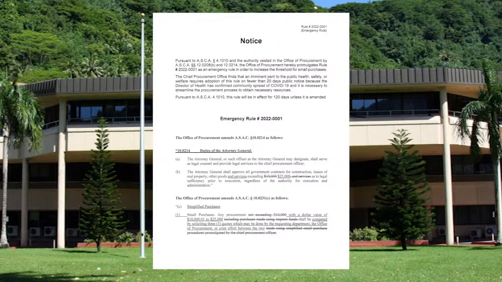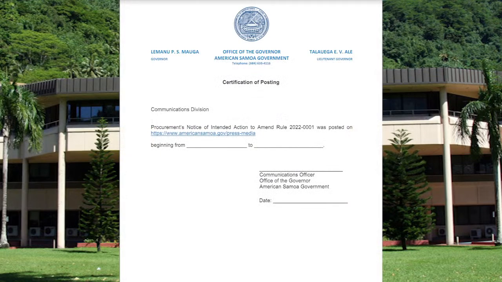The Office of Procurement amends Section 10.0231C as follows. Simplified small purchases. Any procurement with a dollar value of $10,000 to $25,000 shall be completed by soliciting 3 quotes, which may be done by the requesting department, the Office of Procurement, or a joint effort between the two.